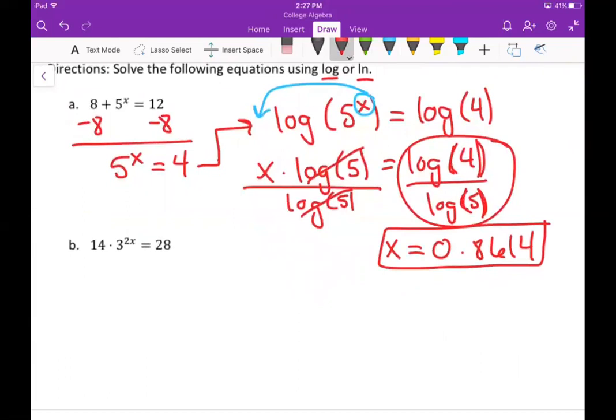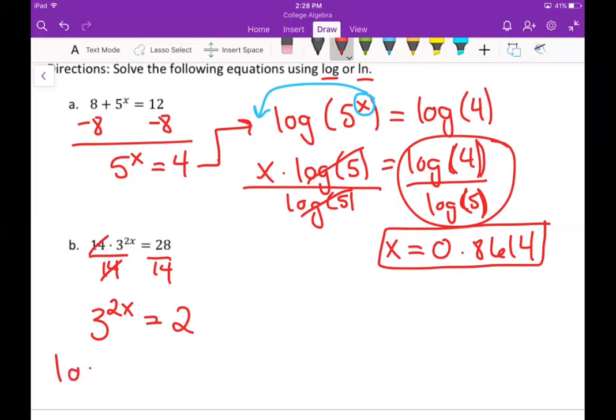All right, let's try it again with this next one. Here our exponential term is 3 to the 2x, and it's being multiplied by 14. So we're going to divide off by 14 first because we have to, again, get the exponential term alone. That'll leave us with 3 to the 2x equals 28 divided by 14, which simplifies nicely to 2. This is where I need to drop that exponent down, and I can do so by taking logs because my exponential term is alone.